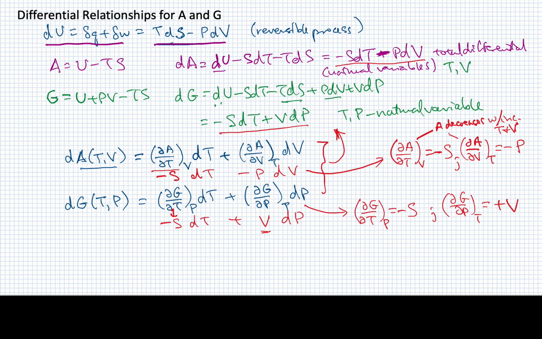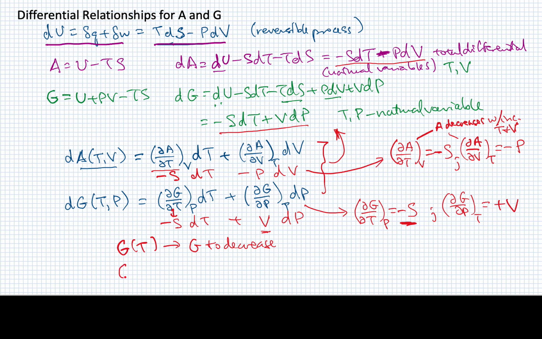In the case of the Gibbs energy, what we find that's interesting is that as a function of temperature, we would expect G to decrease as the temperature increases because its derivative is negative.